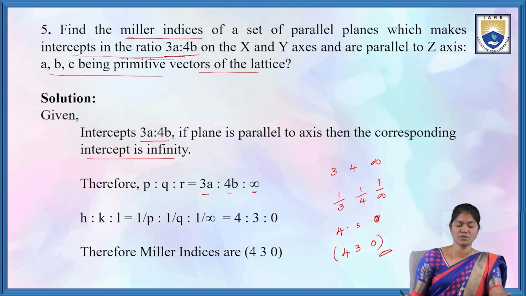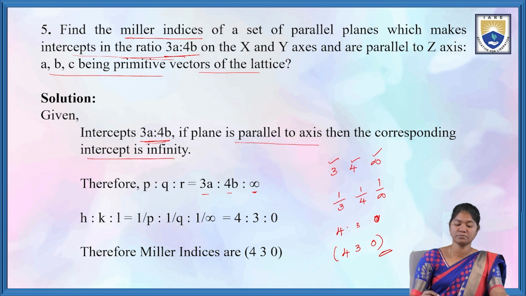So first we write the intercepts on all three axes. The intercepts on two axes are 3a and 4b, but the third axis is parallel to the plane, so we have written infinity.